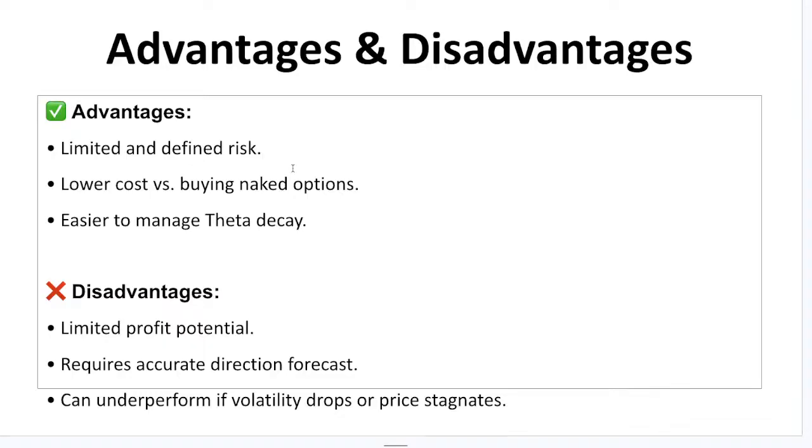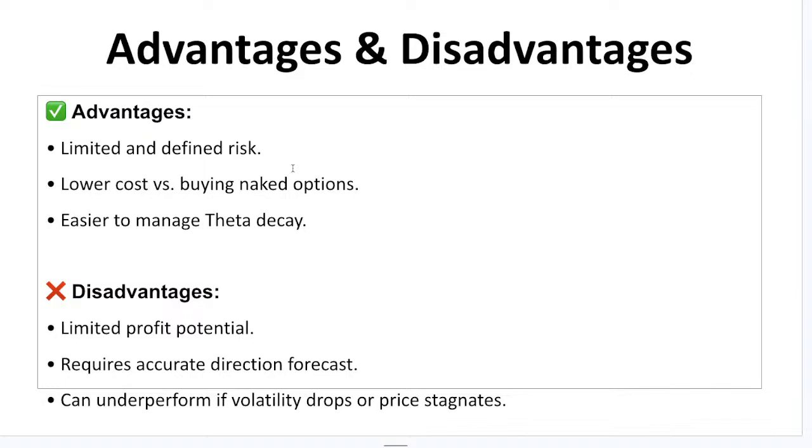Easy to manage, and you rely on theta decay. You don't need to do anything whether the price moves up or down. After you enter the trade, you know where your stop loss is, depending on your strategy. You don't need to adjust anything. The only thing you adjust is to exit the position.